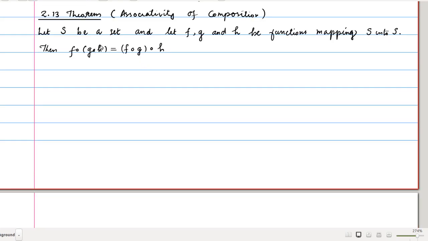Next we will prove Theorem 2.13. This proves the associativity of composition of two functions.